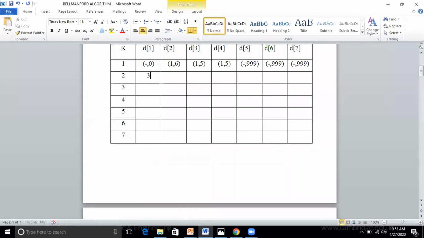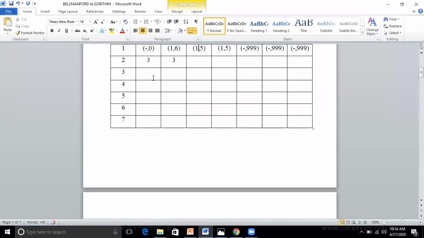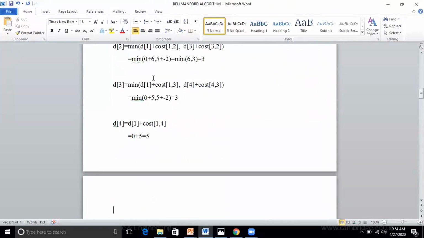So D of 1 is 0. Always this is 0. Everywhere you write 0. So D of 2 is 3. D of 3 is also 3. D of 4 is 5.